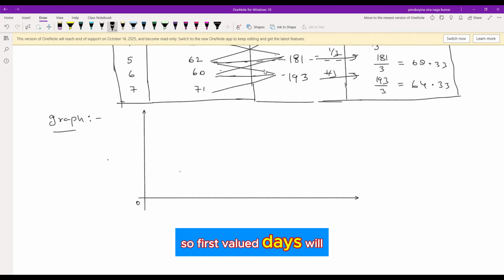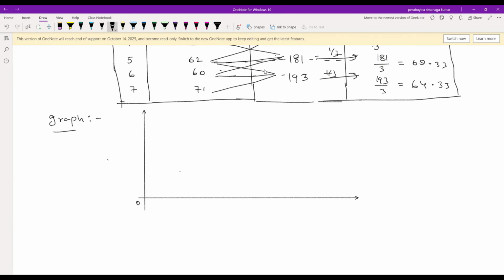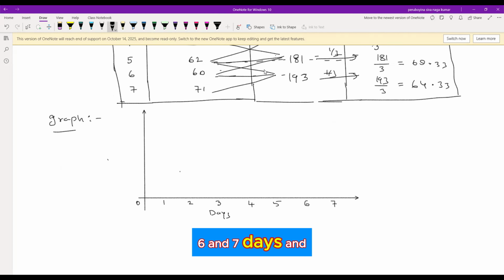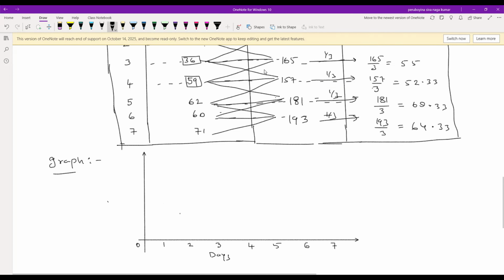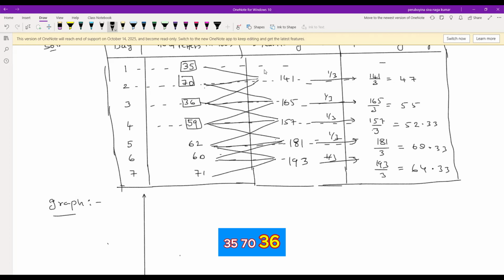So the days will be on the x-axis: 1, 2, 3, 4, 5, 6, and 7. And the values are 35, 70, 36.